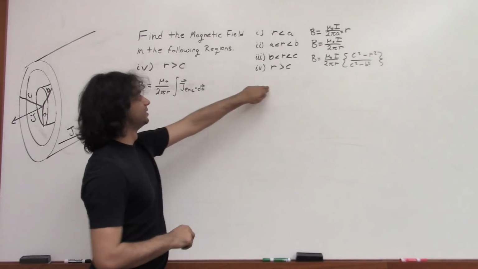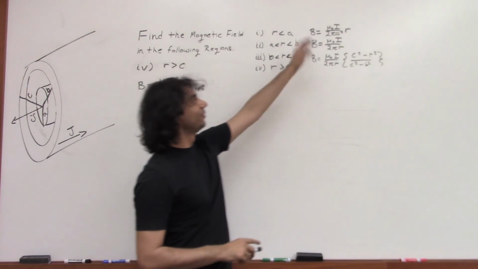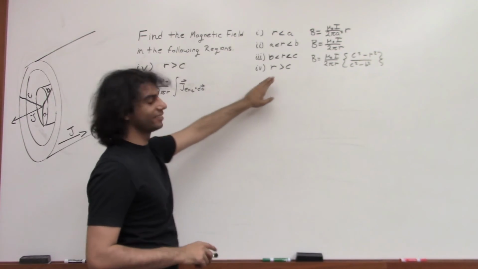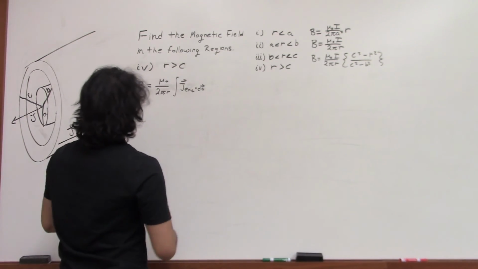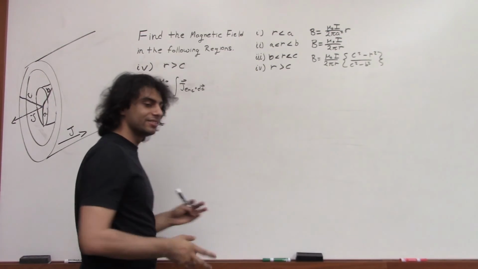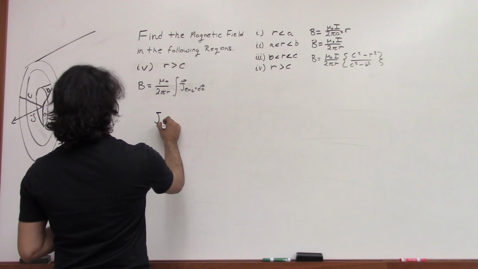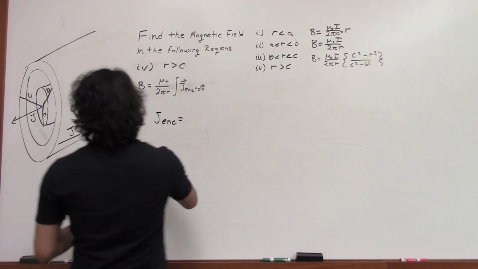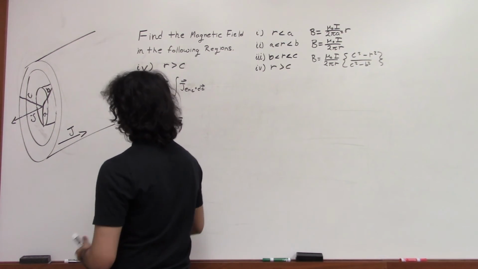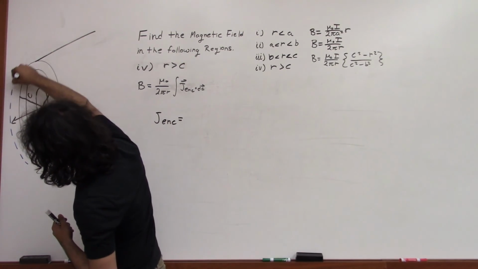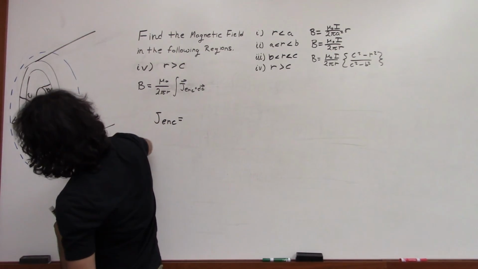So, down to the last one. This one turned out to be really an exhaustive process, but this one, as I claimed, would be the easiest. And we can see that because all we need to do is consider J enclosed. Well, if I look at J enclosed, we have to look at our Amperian loop. But this one is going to be way out here.